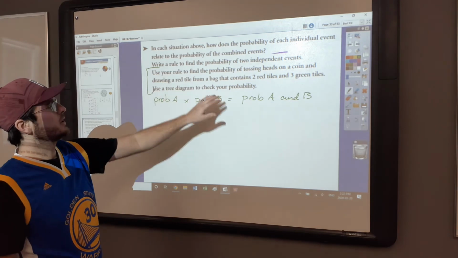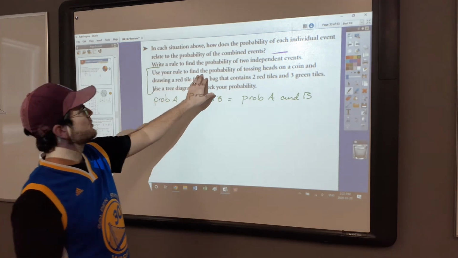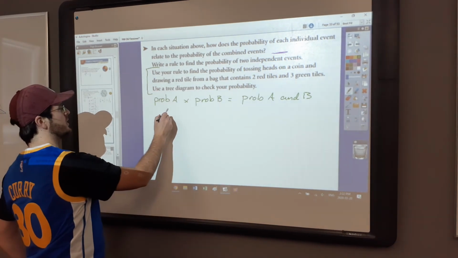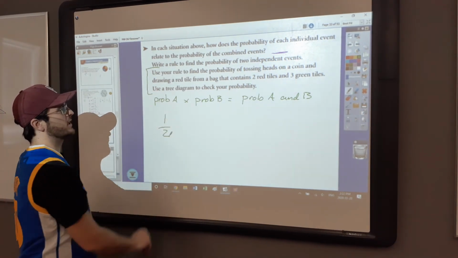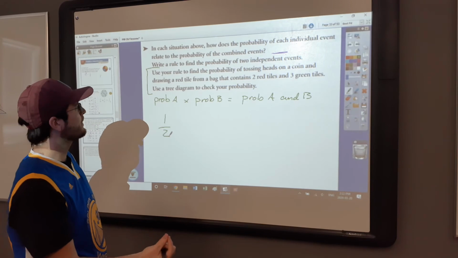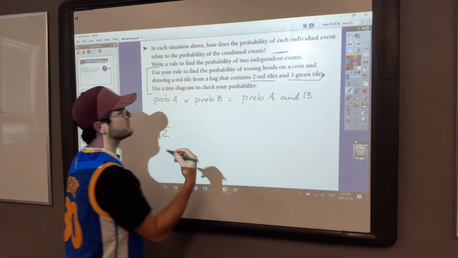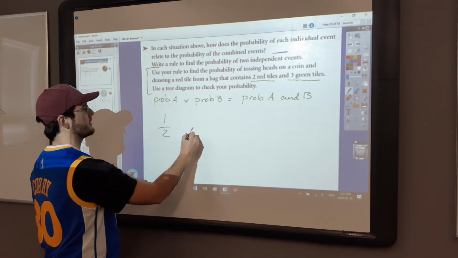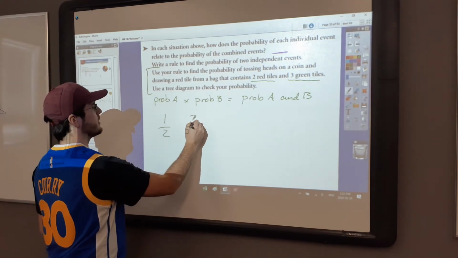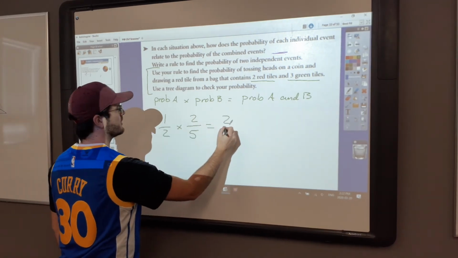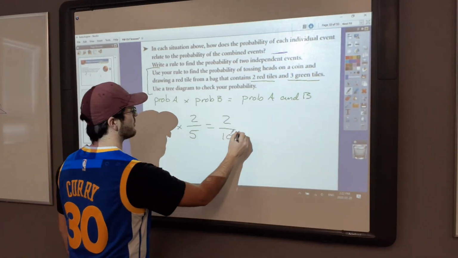We can always use a tree diagram to check, but if we have this situation where we're tossing a head on a coin, we know that the probability of getting a head on a coin is 1 out of 2. Drawing a red tile from a bag that has 2 red and 3 green, which means they would have 5 tiles altogether, so the probability of pulling a red one would be just 2 out of 5. So if I multiply the tops and I multiply the bottoms, I get my probability.